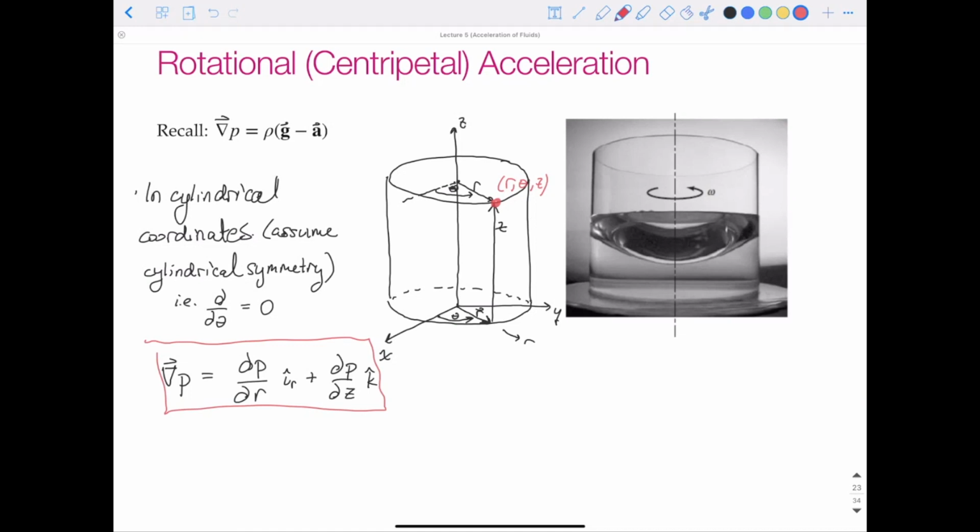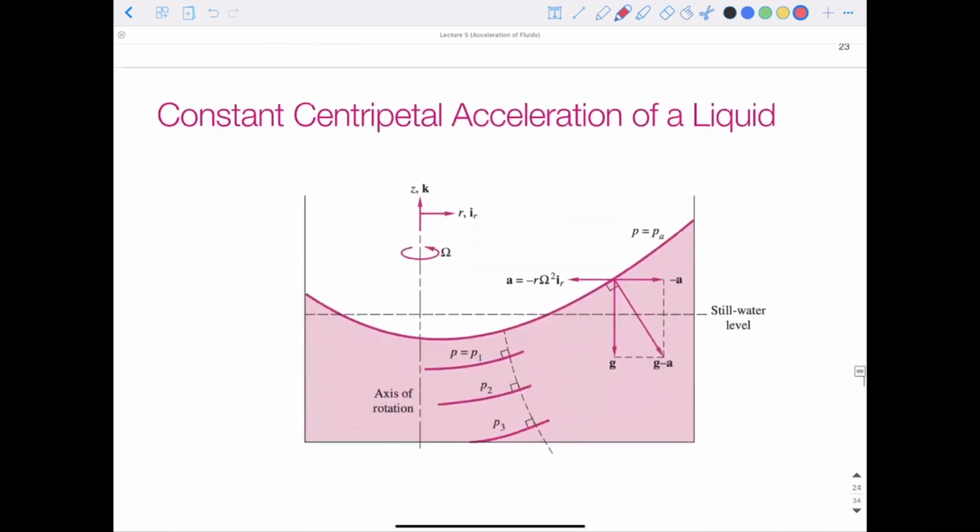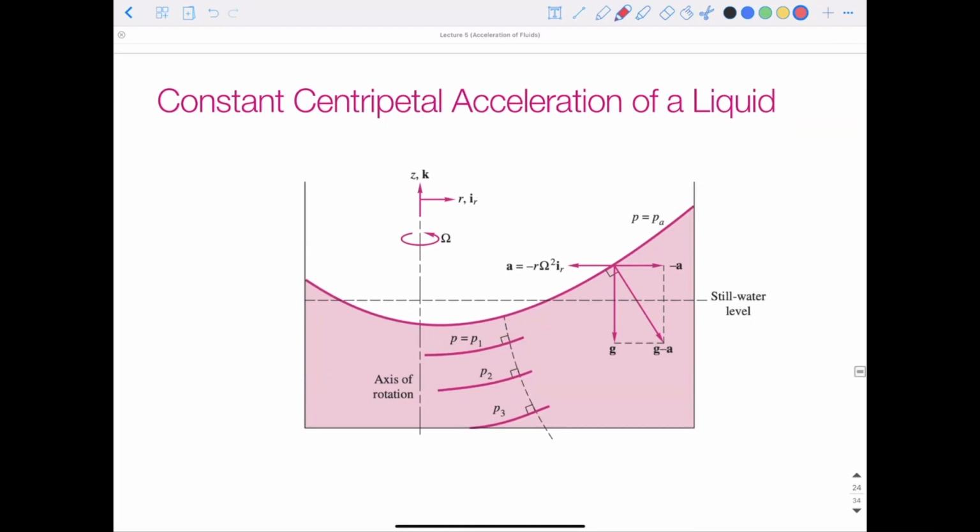So what on earth does this mean? Well, let's look first at what's happening inside of a fluid that's in a container, and the container is undergoing rigid body rotation. So in this case, we'll define a few things.